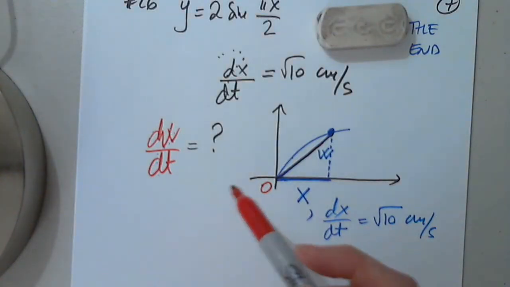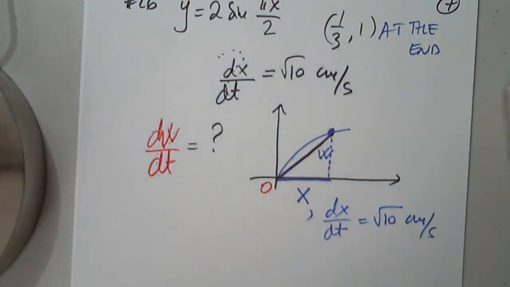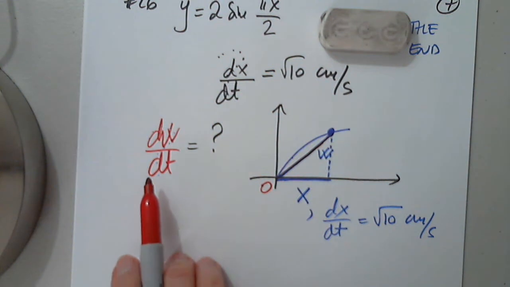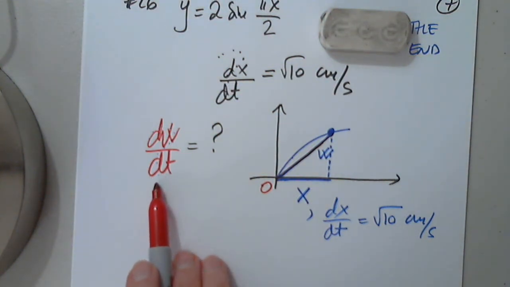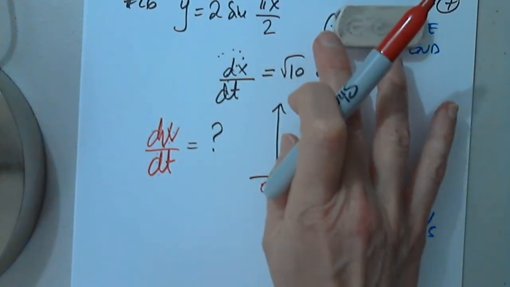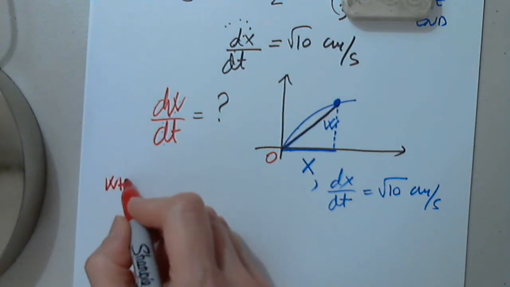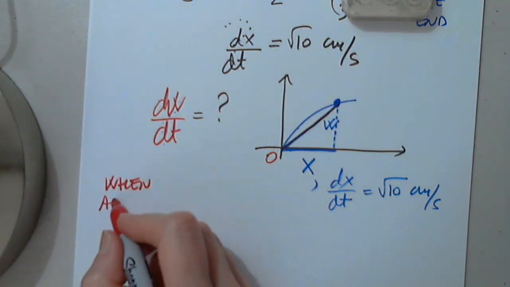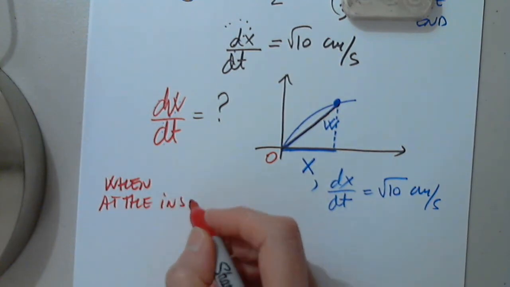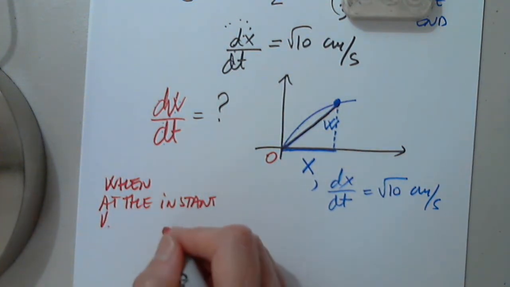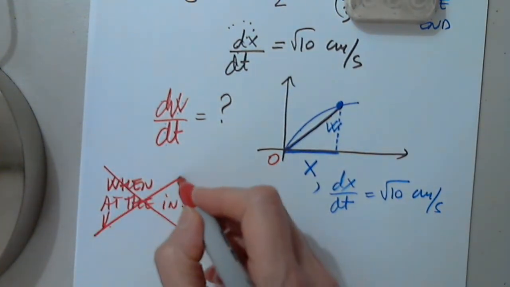What is the instant? So is it 1/3 and 1? That's what I said. Don't even look at that. This does not exist. Why does it not exist? Because I don't have the function and I don't have its derivative yet. So in all these problems, when you see the word when or at the instant or when whatever else, when such and such happens, cross it out from your mind.